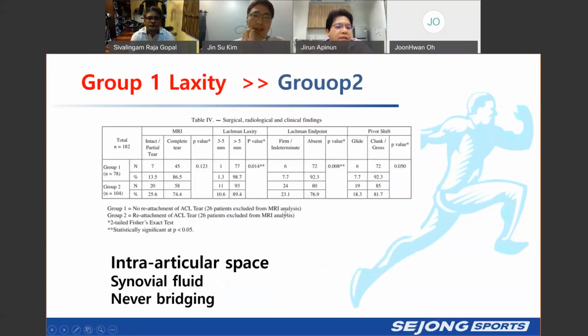They reported group 1 has poor outcome in knee laxity. They suggested this outcome is due to the ACL placed in the intra-articular surface and contacted with the synovial fluid, and the ligament cannot be healing. So it could be related to chronic progression.